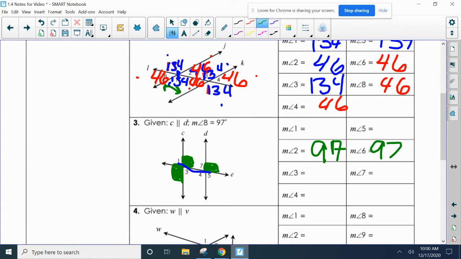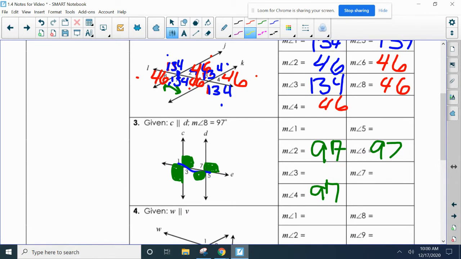So top left, bottom right. Those are going to be alternate interior. So 4 is our 97 club. Can you kind of see the pattern when we fill in all our matching ones like that?